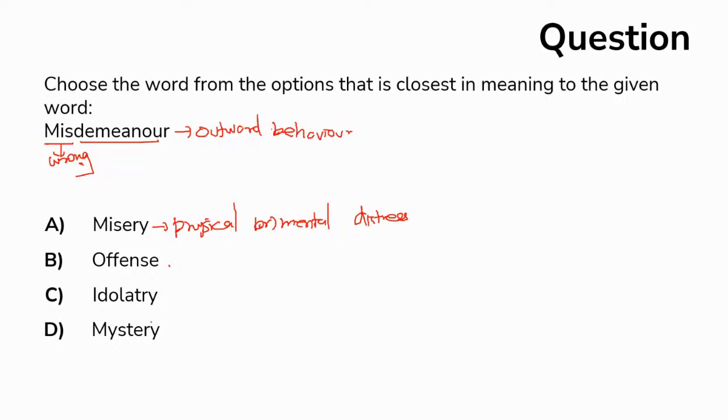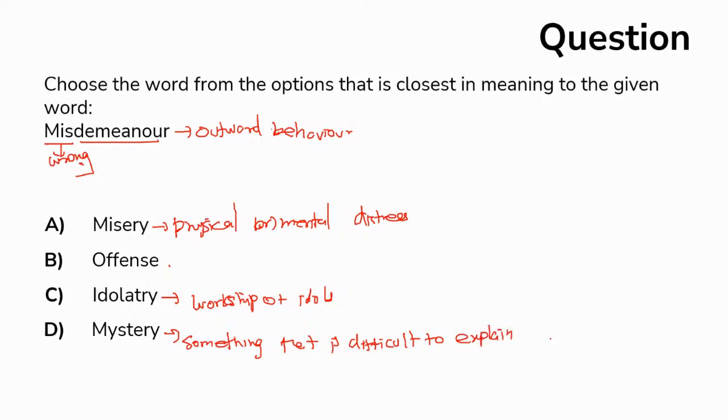Adultery is worship of idol, and mystery is something that is difficult to explain or understand. So in that case, the answer option is offense. That will be our answer for this one, guys.